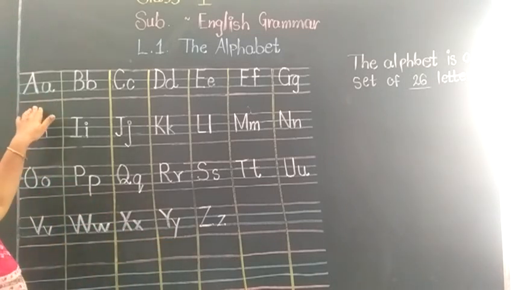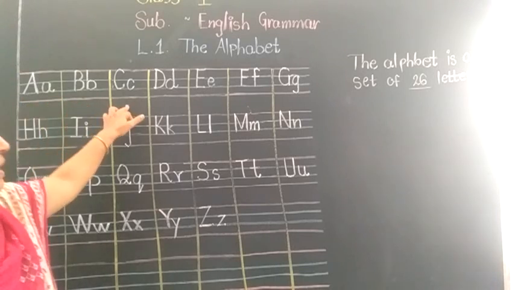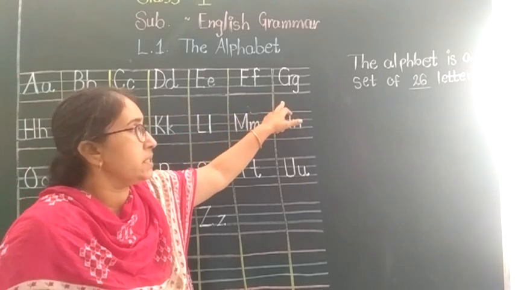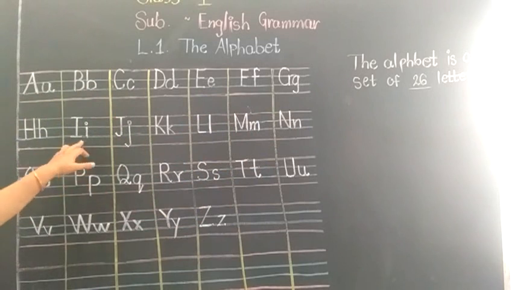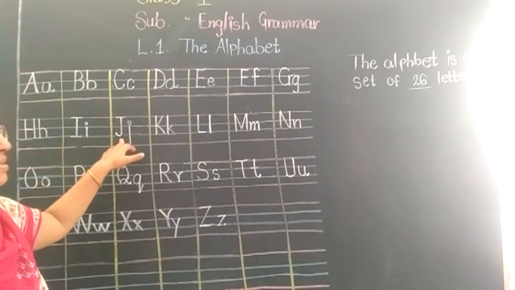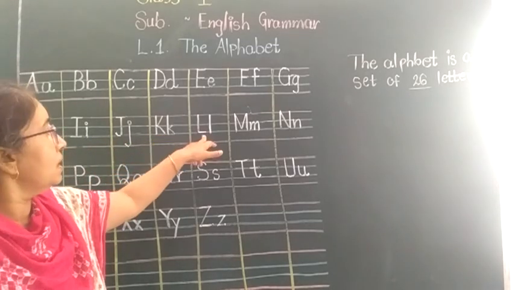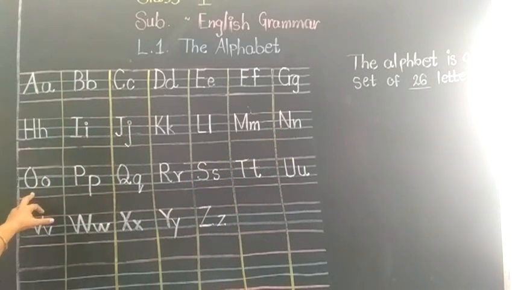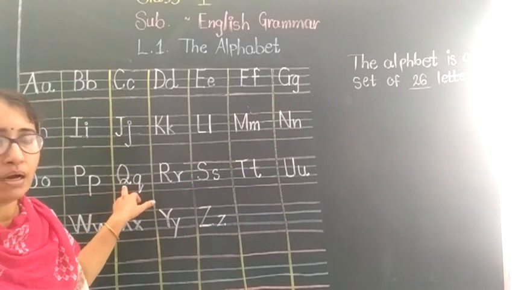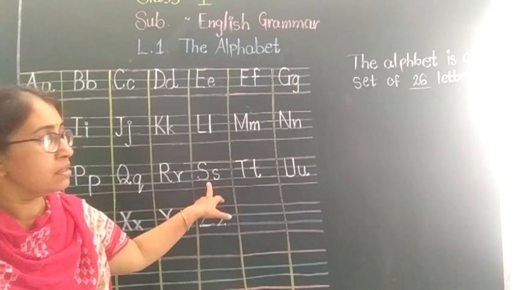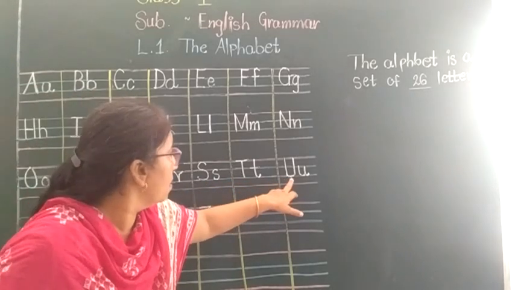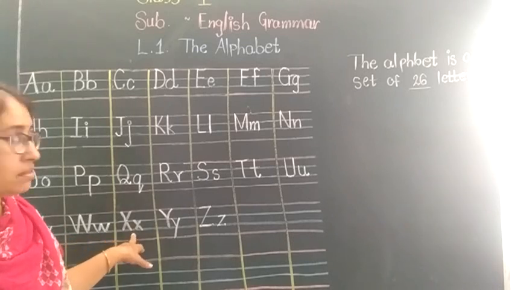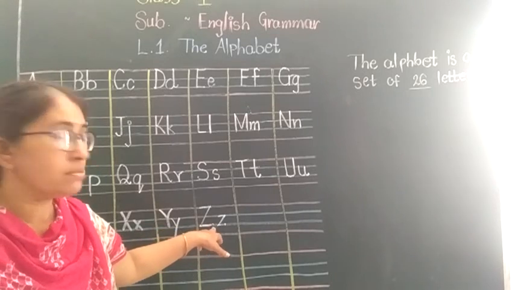So see, A says A, B says B, C says K, D says D, E says A, F says P, G says G, H says H, I says E, J says J, K says K, L says L, M says M, N says N, O says O, P says P, Q says Q, R says R, S says S, T says T, U says O, V says W, W says W, X says X, Y says Y, Z says Z.